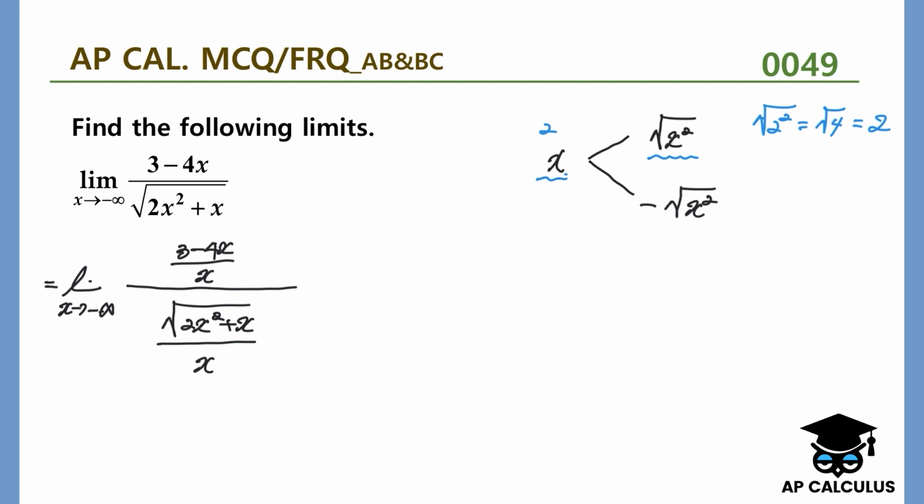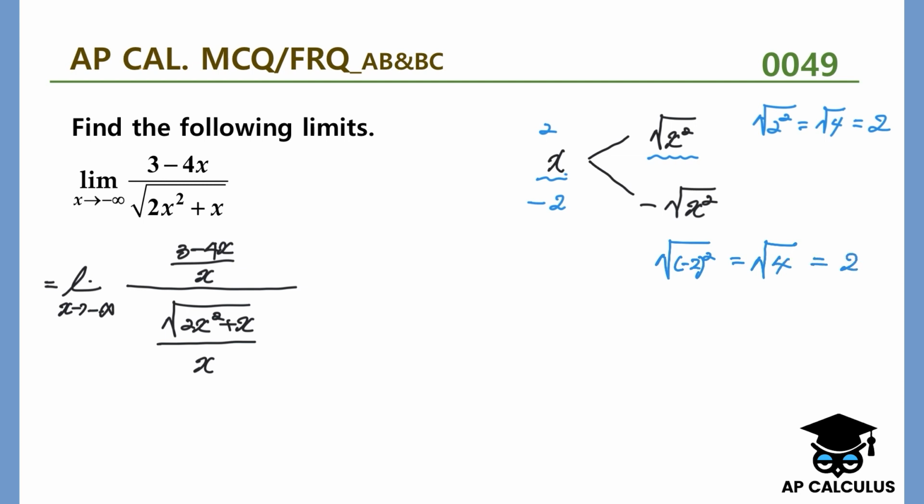But what if x is a negative number? Let's say x is negative 2. Then we have to have here a negative square root of x squared. Because if we don't have the negative, then that's going to be the square root of negative 2 squared. You know, negative 2 squared is positive 4, right? So that is equal to positive 2.